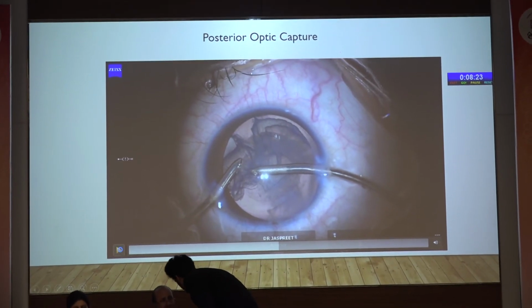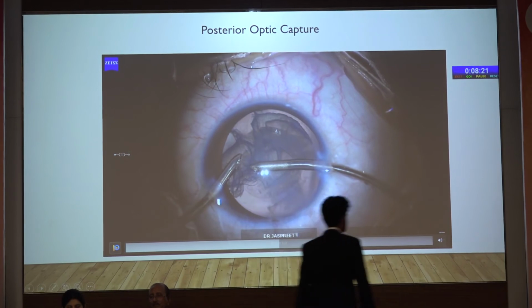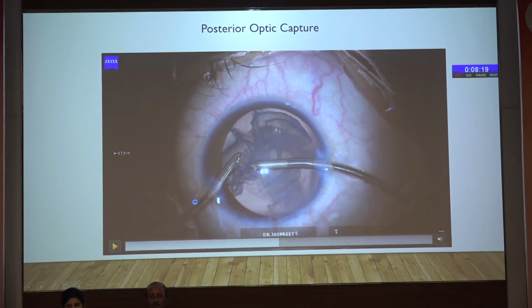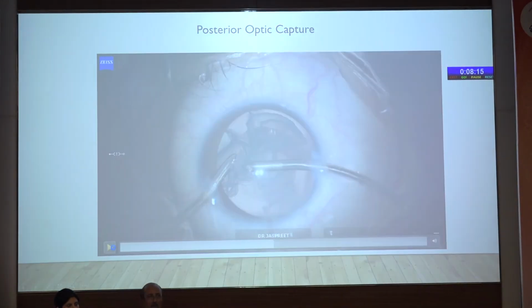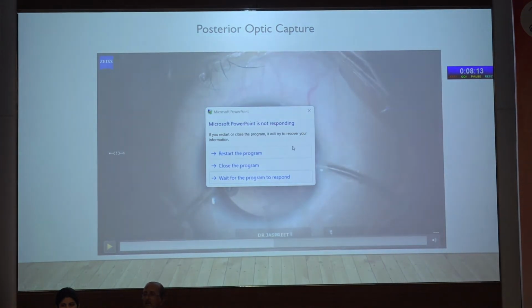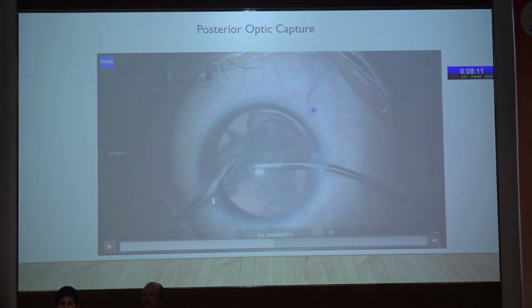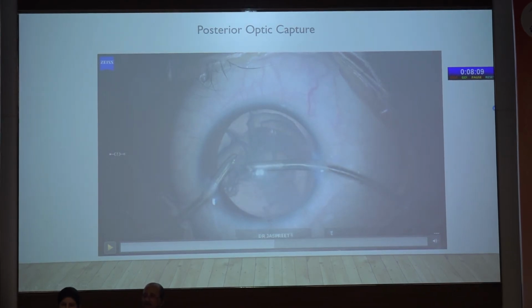Okay. So you have done an irrigation aspiration, and then you inflate the bag by the ophthalmic viscosurgical device. You fashion a posterior capsulotomy in the same way that you did when you are planning an in the bag intraocular lens.